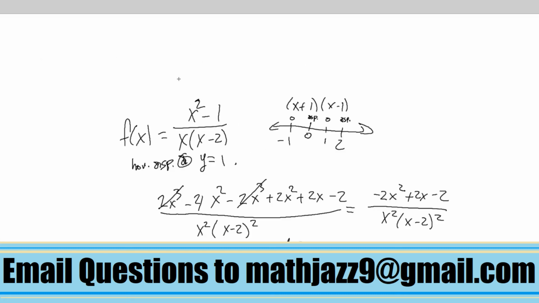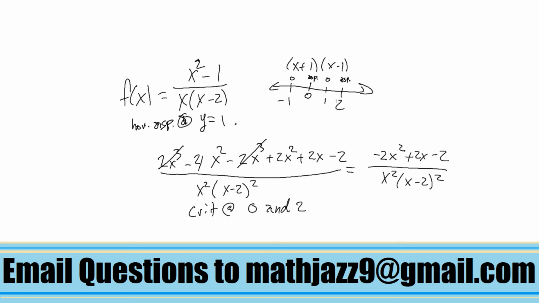Okay, so what does that mean? And we knew that we had to have an undefined derivative at 0 and 2 because we have asymptotes at 0 and 2. You can't have a derivative at a place where the function doesn't exist. Okay, so what do we know?